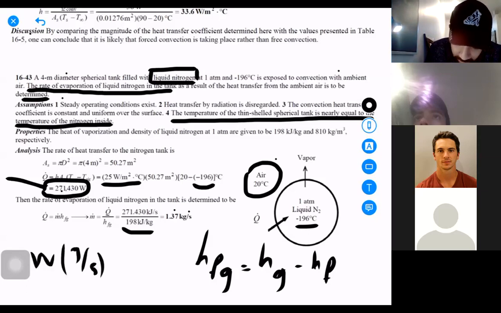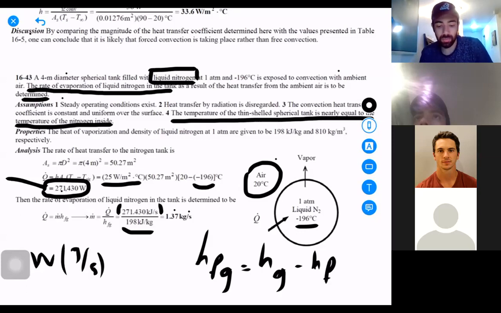So basically 271,000 can be converted to kilojoules over second. That would be equal to 271.43 kilojoule over second. And dividing the convection rate by the evaporation heat we found from the table will give us the mass rate, which is 1.37 kilograms per second.